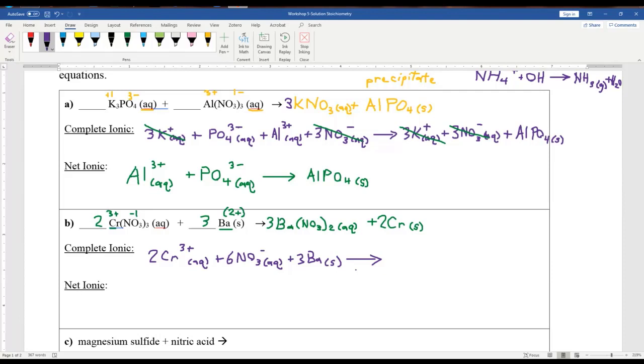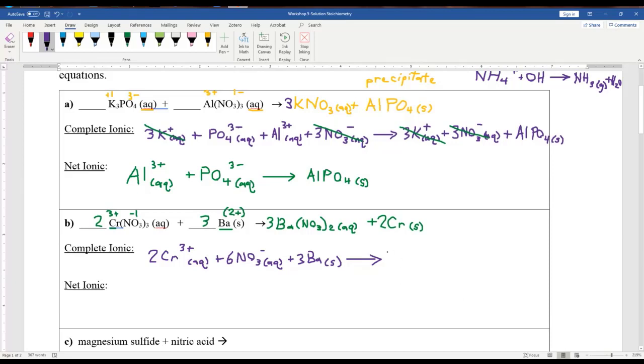You only break up strong electrolytes, and there are only two categories of strong electrolytes: soluble ionic compounds and strong acids. Only those two. So if it's not a strong acid or a soluble ionic compound, then you don't break it apart. A gas, leave it alone. Solid, leave it alone.